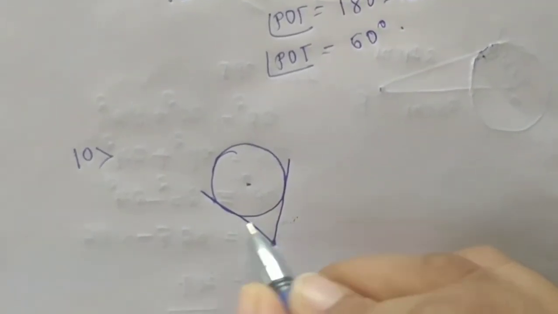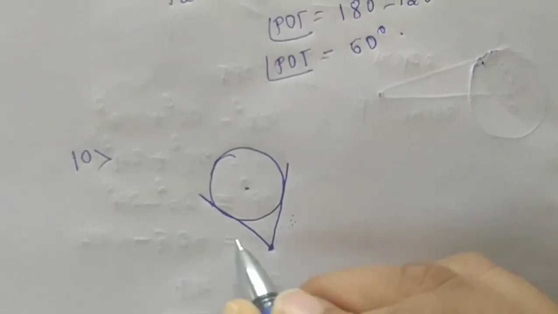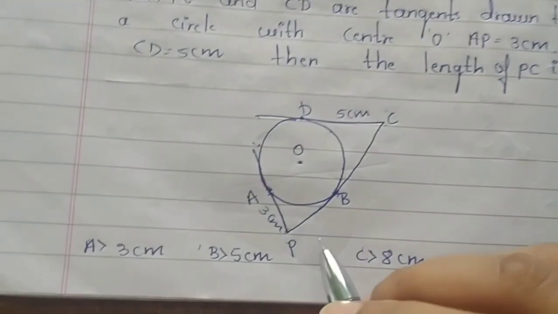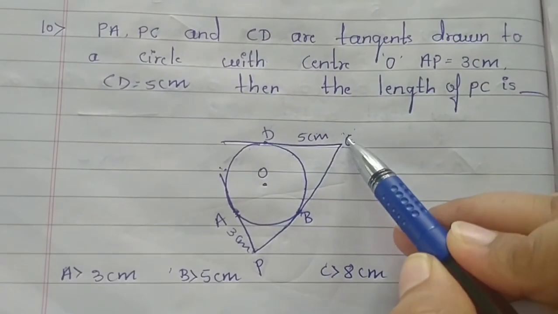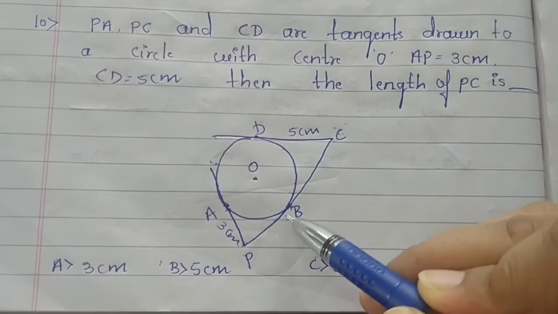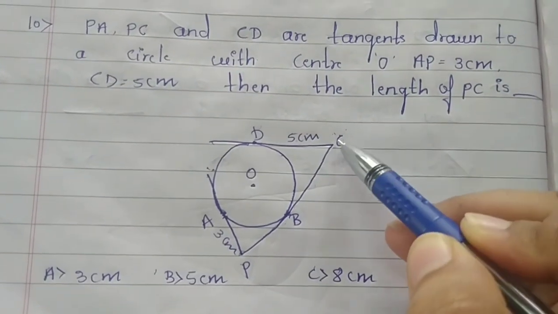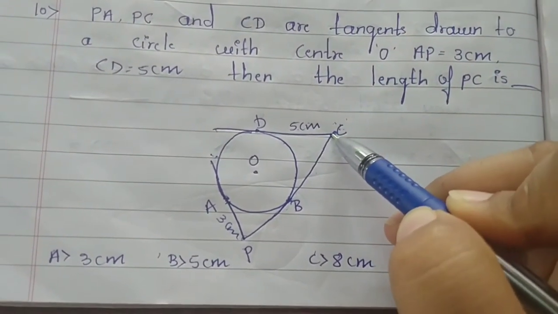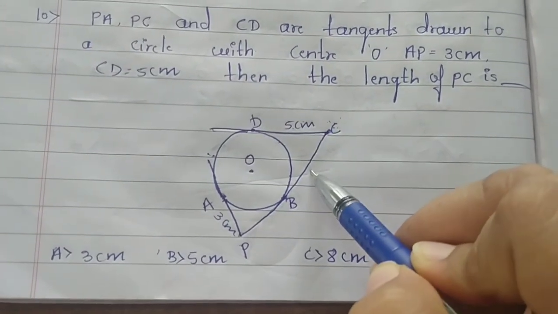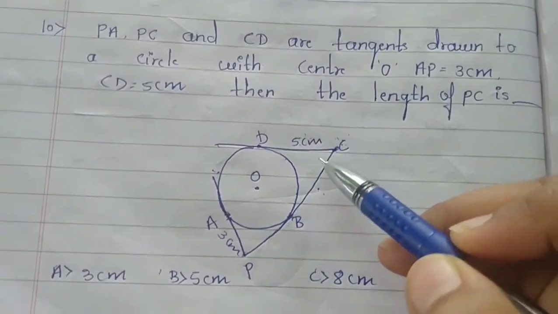So the lengths of these two tangents should be equal. Here also we have to do the same thing. DC and BC are the two tangents drawn from the point C. Therefore the length of this tangent and this tangent should be equal.